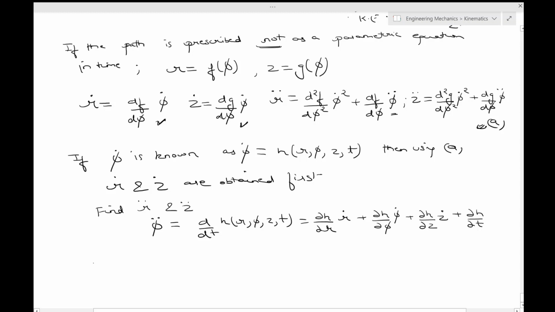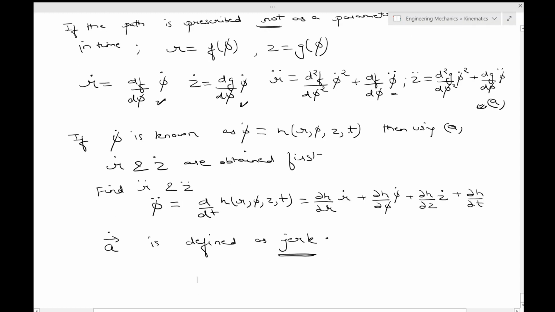Now there is another definition. A dot, the time derivative of the acceleration, is defined as jerk. It's normally associated with, say, moving in a car when suddenly the acceleration drops. If that change of acceleration with time is not very small, then the passengers will feel discomfort, and that's where this is important.